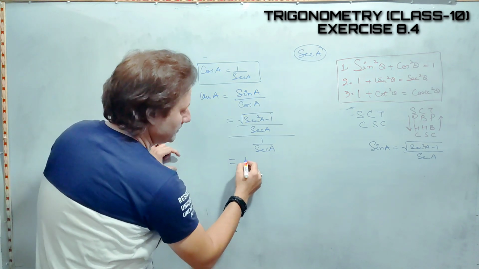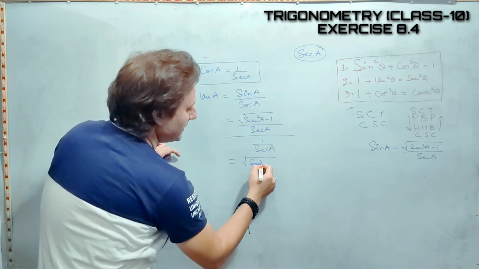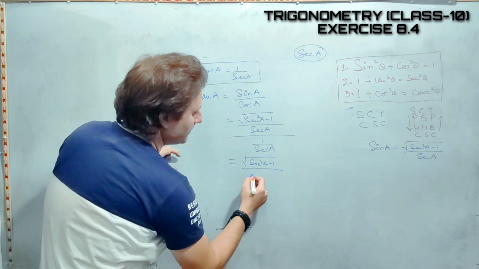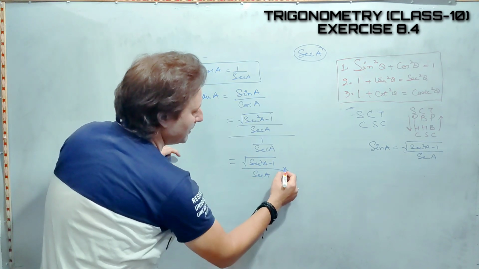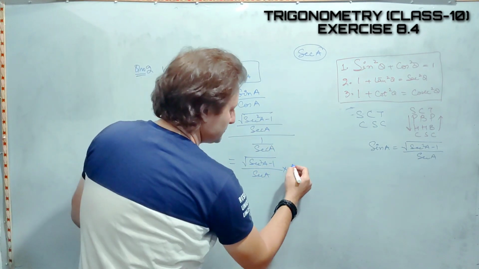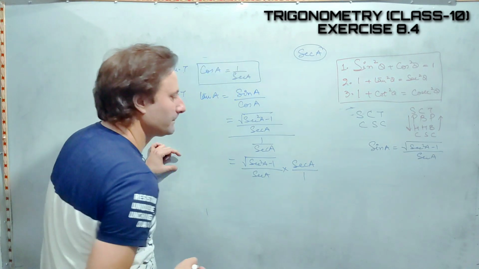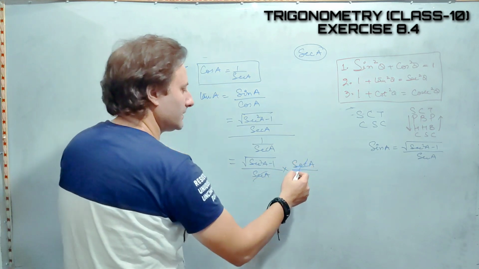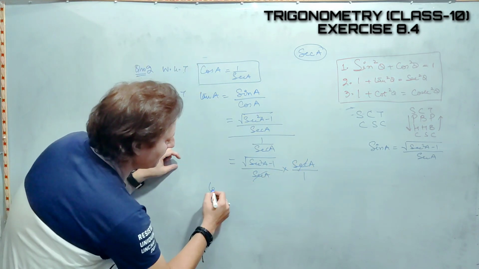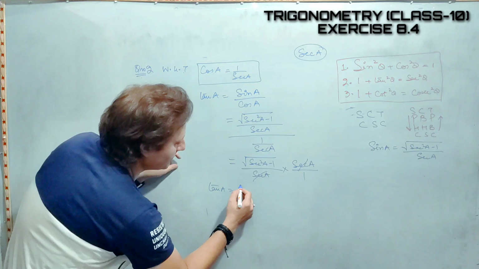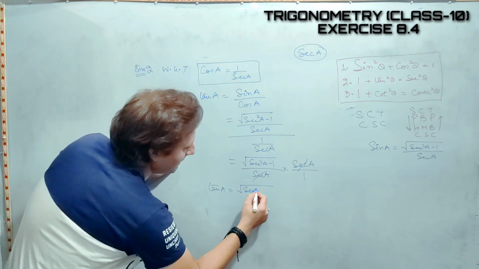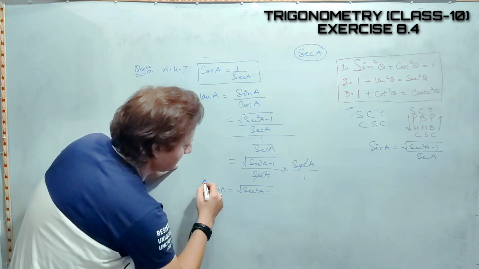Now, under root sec square A minus 1 divided by sec A, multiply. Let's do the multiplication. So it is sec A upon 1. This sec A and sec A gone, so the value of tan A is under root sec square A minus 1.